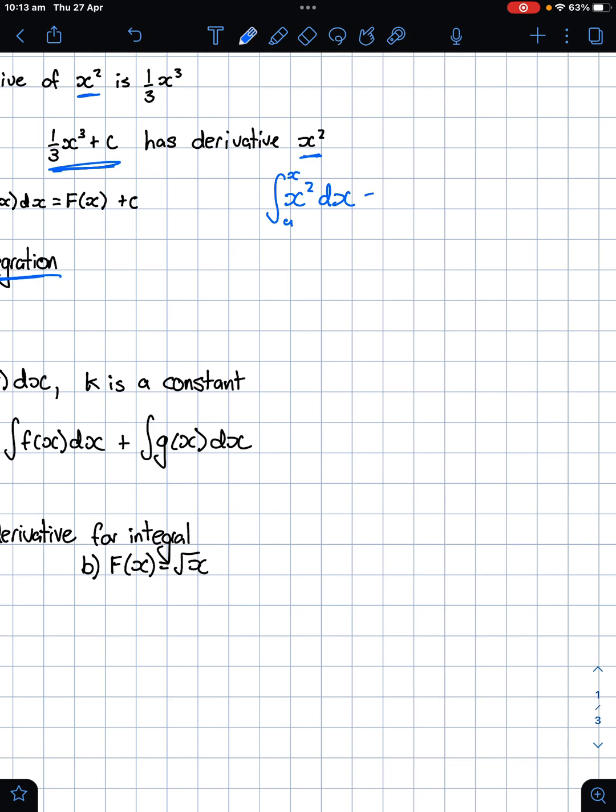So a is just a point. This would be the antiderivative of x minus f of a, which would give us the antiderivative of x squared we've worked out is 1/3 x cubed minus 1/3 a cubed. So that's from our last topic.